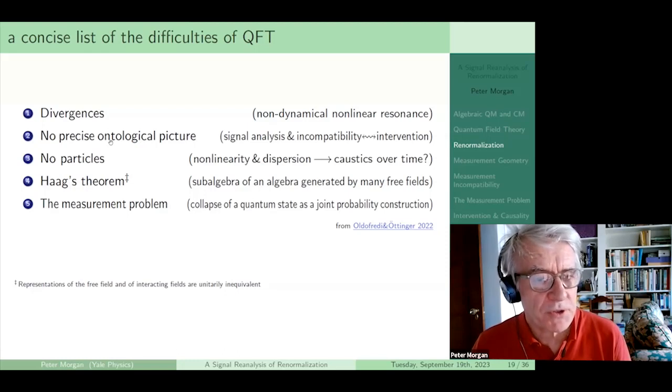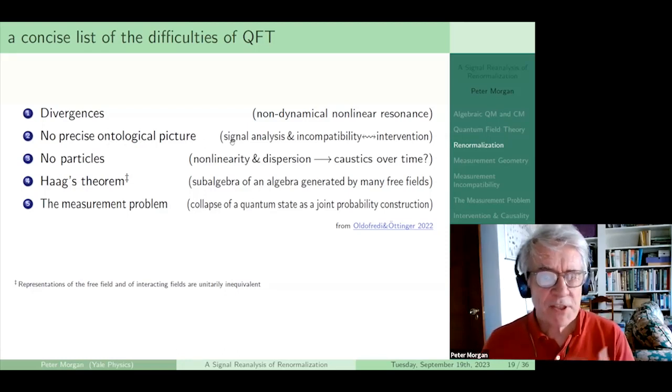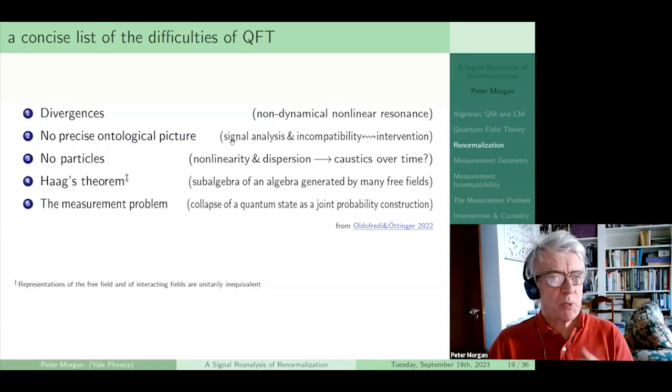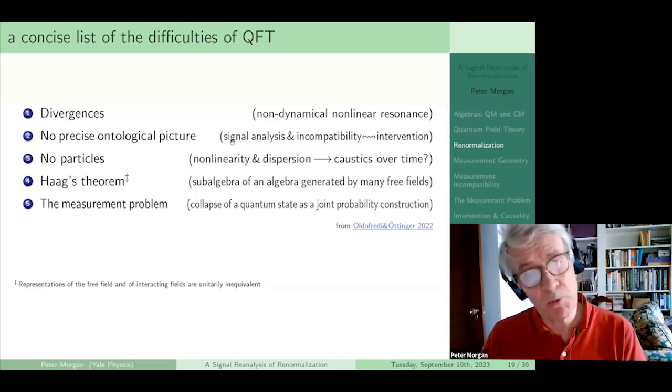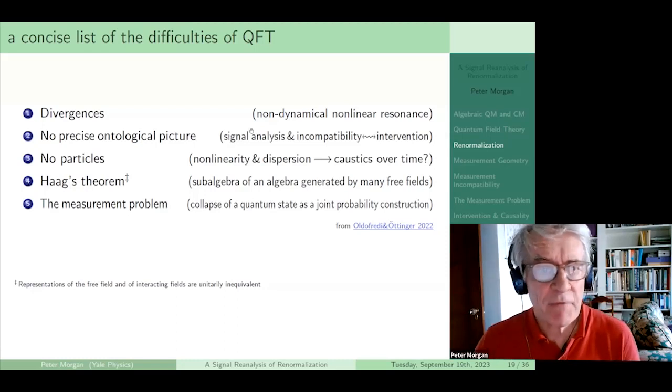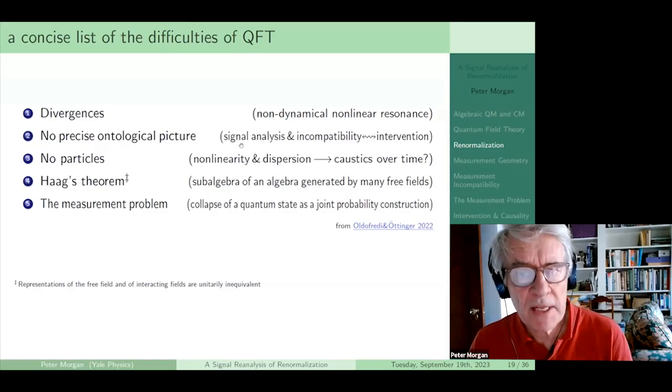It also allows us to say, well, there is a precise ontological picture, because we have a signal analysis approach in which we can measure at arbitrarily small scales. There is no between. There's nothing that isn't included in the model. The model may be wrong, and indeed will be wrong, but nonetheless, everything is included in the model. We really can produce quite a good model for almost anything.